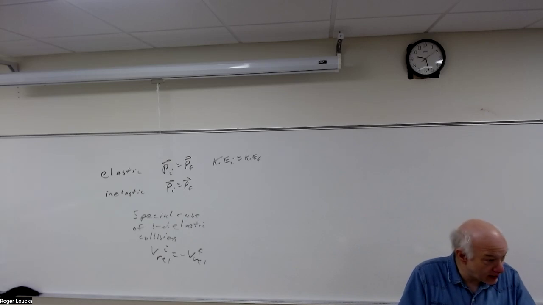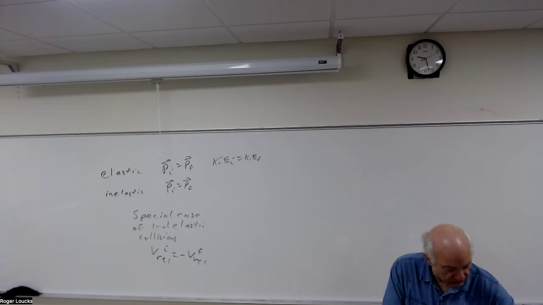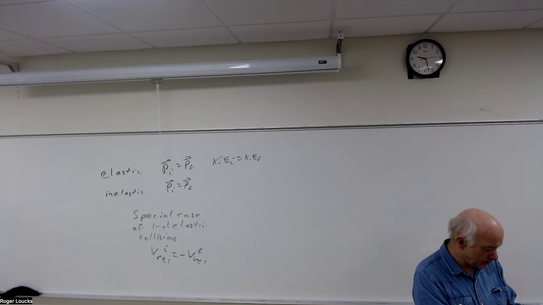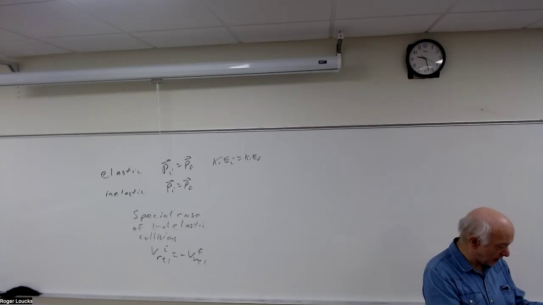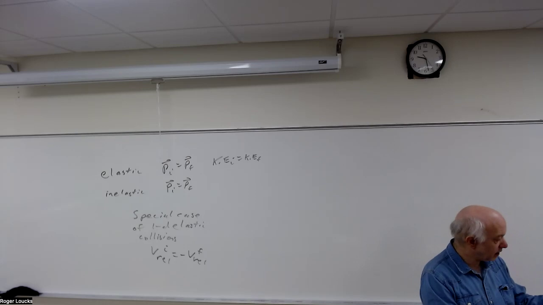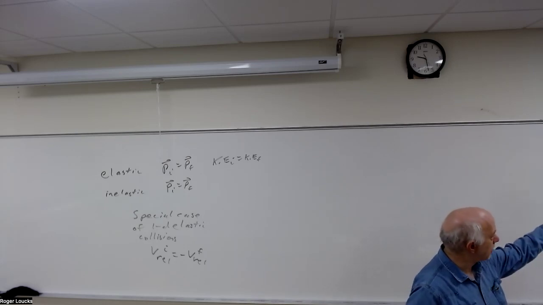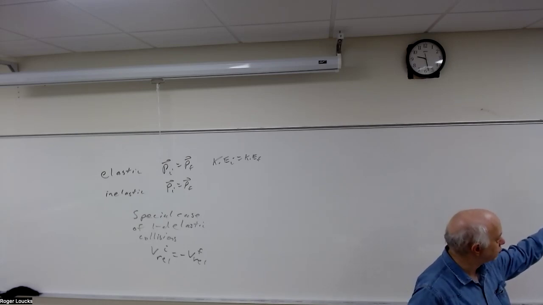If you try to apply that, for instance, if you look at your homework, which is due when? Friday? If you try to apply this to problem 88, if you look at that back sheet, there's problem number 88, which we're going to be doing. You have an elastic collision between a bowling ball and a pin.